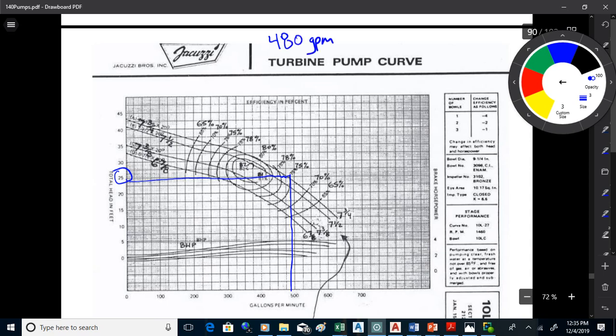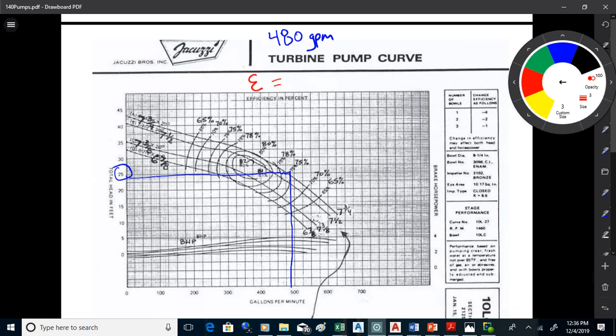How about efficiency? What's the efficiency going to be? 76. 75 or 76, either one. Let's just say 76, but pay attention to these notes.